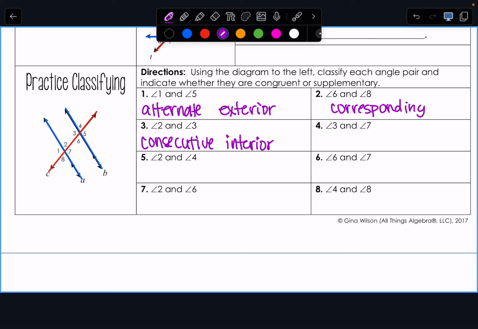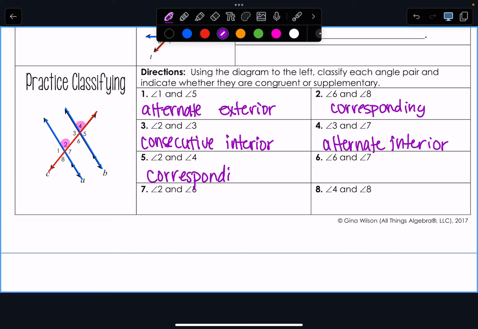Excellent. Number 4 is 3 and 7. Ava, what do you think about those? Alternate interior. Good. Number 5 is 2 and 4. Vivi, what do you think about those? Corresponding. Good. Eliza, number 6 is 6 and 7.